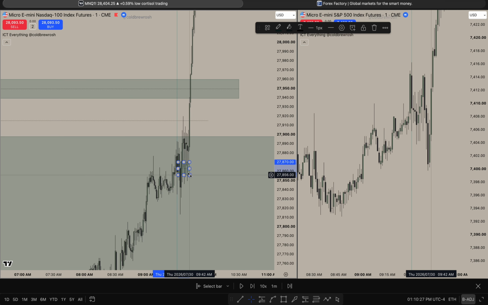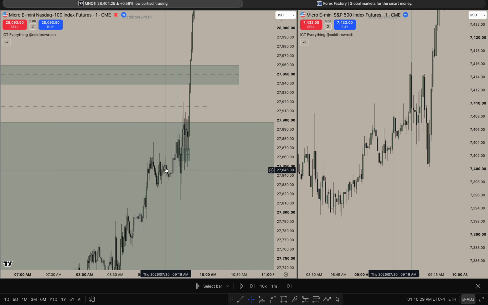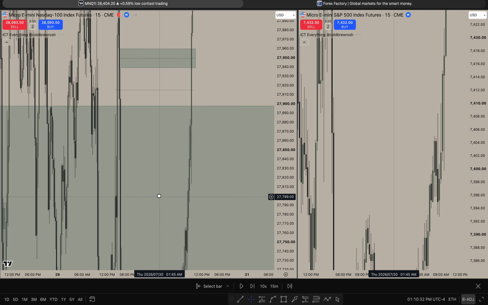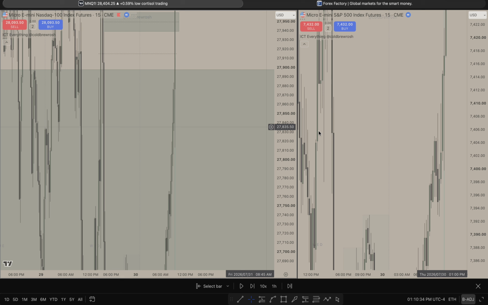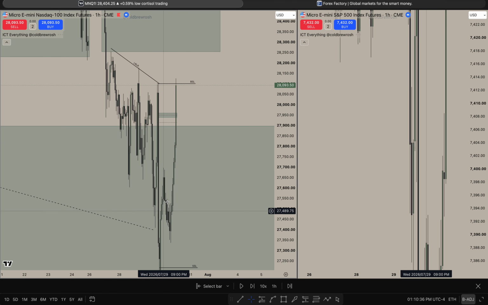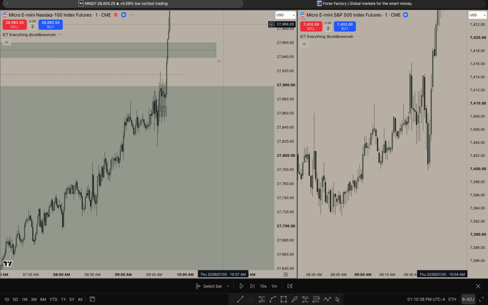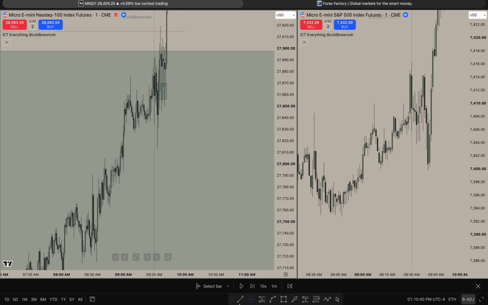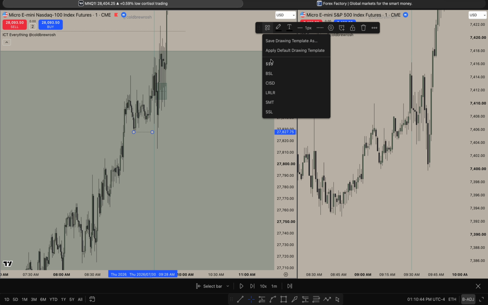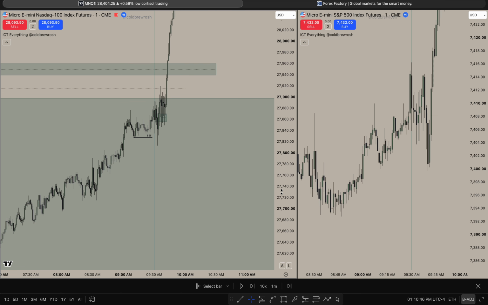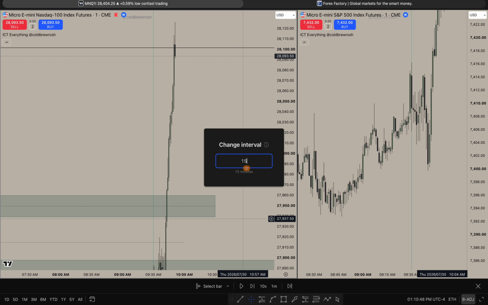There's no inverse rally gap. There's no tapping of any imbalance. There are several 1 hours down here that we could have mitigated. But it's just how price has been lately, so I'm not really one to take these trades.